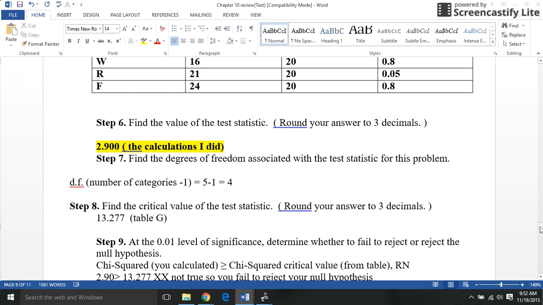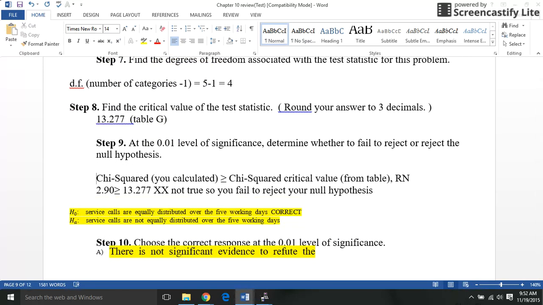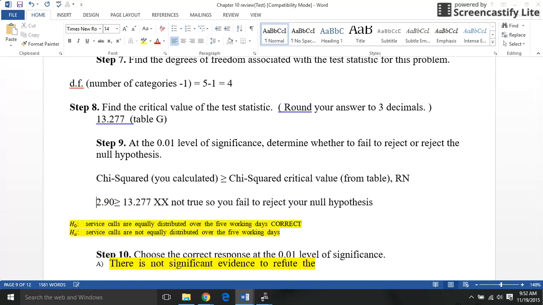To conclude, it wants me to decide if I'm going to fail to reject or reject the null. I compare the chi-squared value that I calculated from above: if that is greater than or equal to the chi-squared critical value from the table, and that is a true statement, you reject your null. So is 2.90 greater than or equal to 13.277?